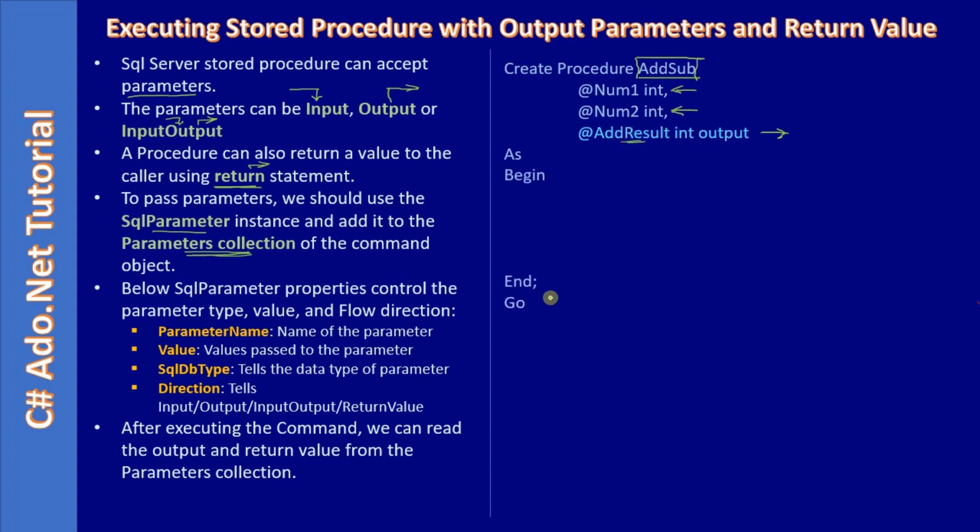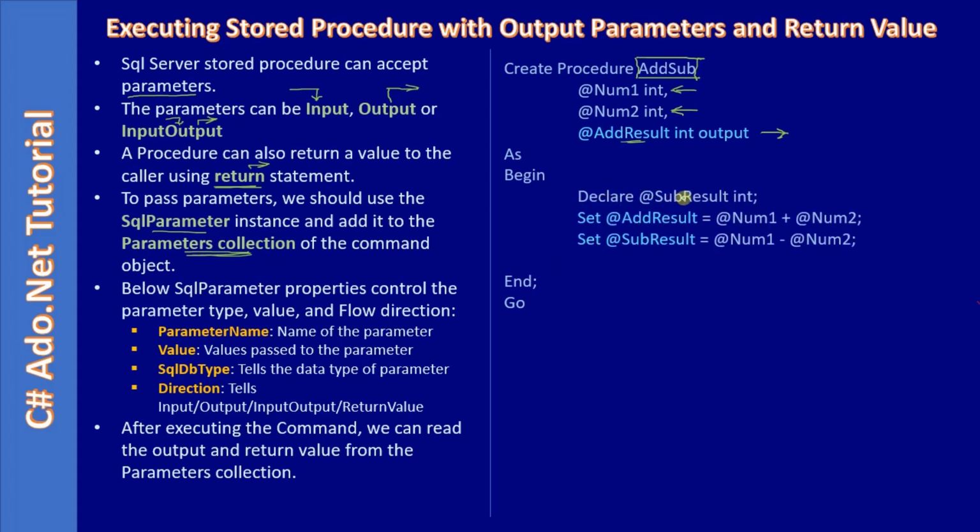Then we begin the stored procedure body. Here we are declaring a local variable, subtract result. This is add result and this one is subtract result. As usual, we make an assignment: set add result, from the two incoming parameters, equal to number 1 plus number 2.